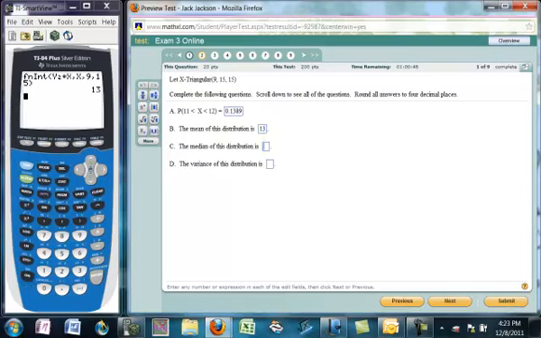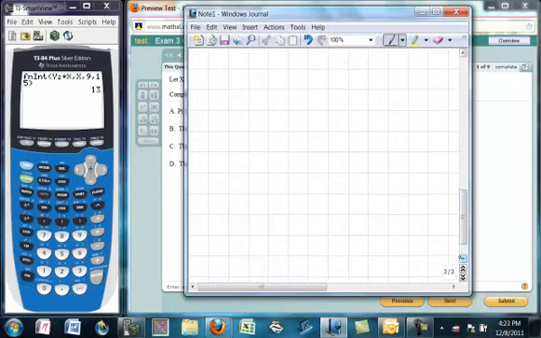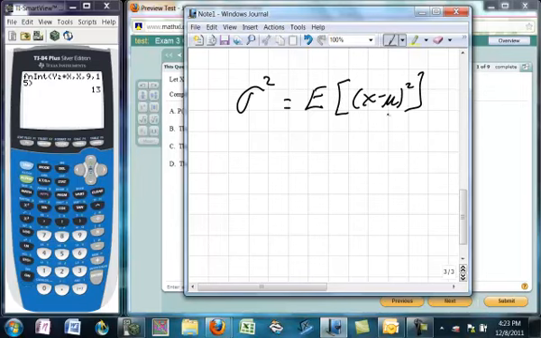Now, to find the median, well, let's go to the variance next. The variance is sigma squared, and that's the expected value of (x minus mu) squared. So what we're doing is, again, adding up over all x's, in this case 9 to 15, (x minus, well, the mu we just figured out was 13) squared, and then y2 was our PDF, dx. Okay?